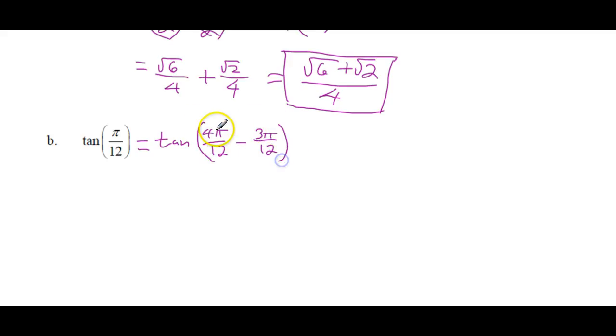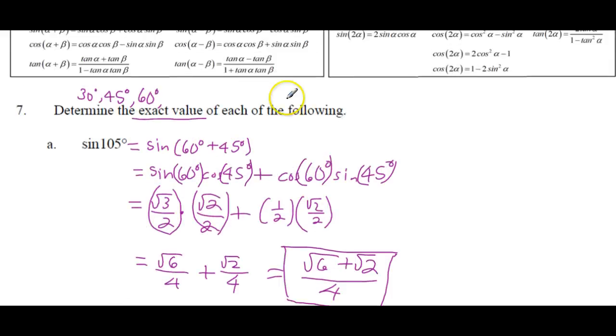So these are our numbers. What were our numbers again? 30 degrees, 45 degrees, 60 degrees. That's pi over 6, pi over 4, pi over 3. When I want to make twelfths, I want to get 1/12. I can't really get a 12th out of here.